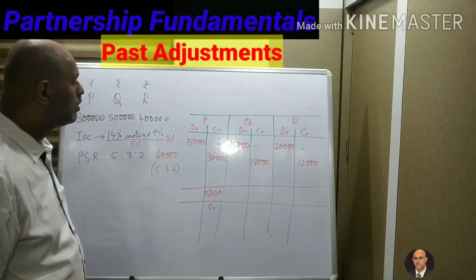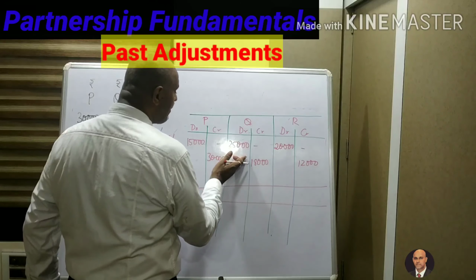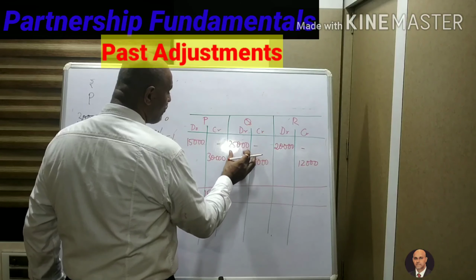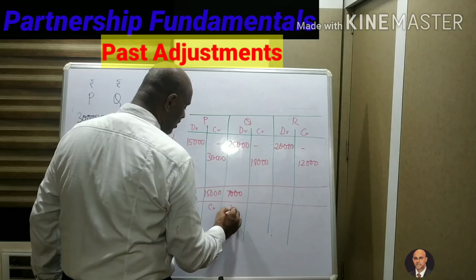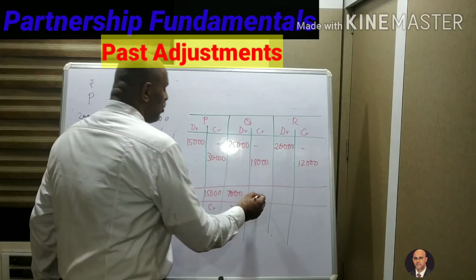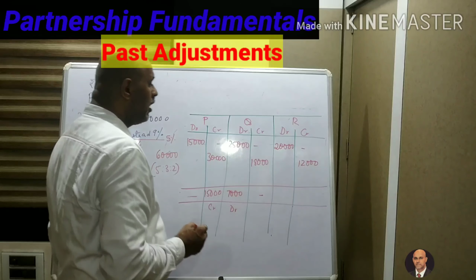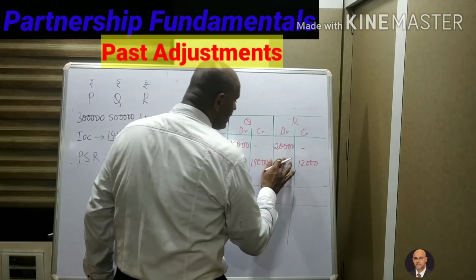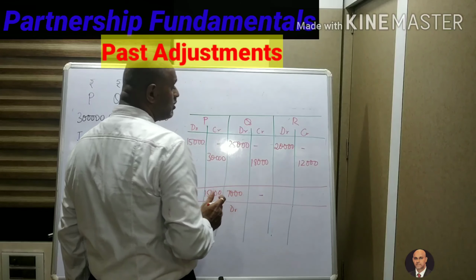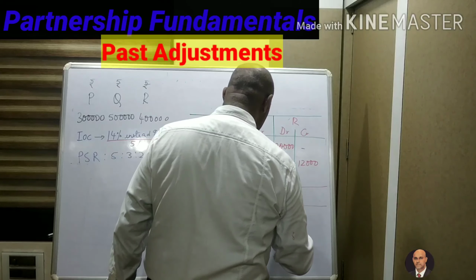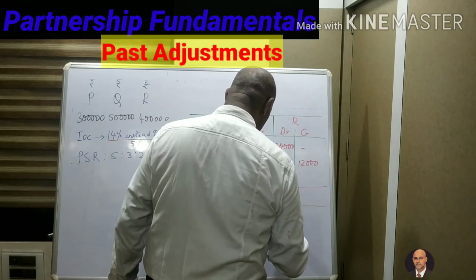Let's go to Q. Q has got 25,000 debit and 18,000 credit. Of course, the debit is more by 7,000. So 7,000 debit. Let's go to R. R 20,000 debit and 12,000 credit. The 20,000 is more than the 12,000. So here this is 8,000 debit.